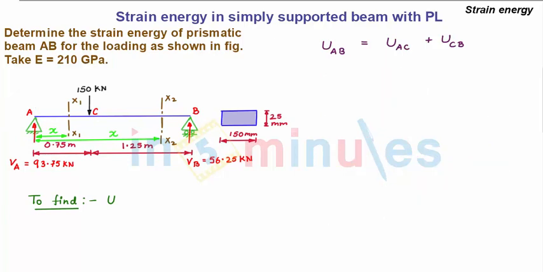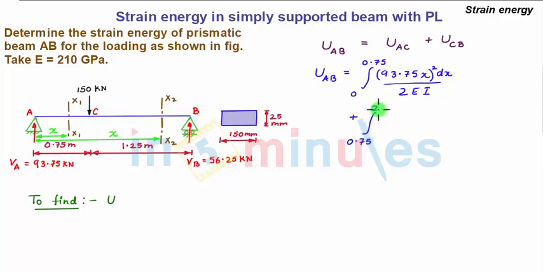AB. So we have strain energy UAB is equal to UAC, which is integral from 0 to 0.75 of (93.75x) the whole square dx by 2EI plus integral from 0.75 to 2 meter of (minus 56.25x plus 112.5) the whole square dx upon 2EI.